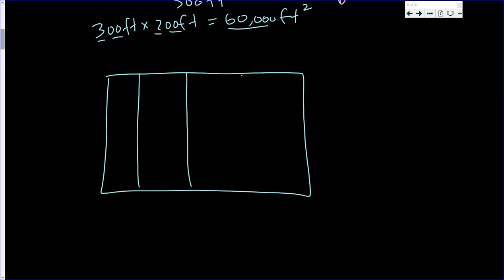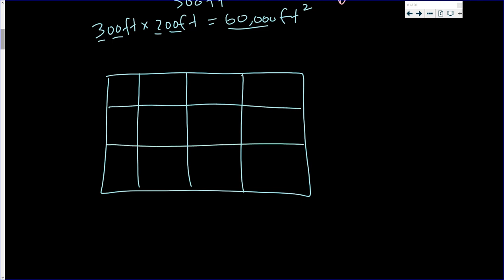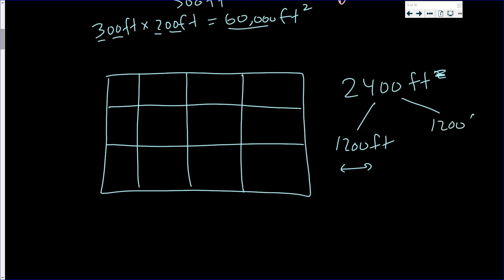You need to partition that 4 and 3. And suppose you have 2,400 feet of fencing. Well, 1,200 feet, that's going to be for horizontal, and the other 1,200 feet, that would be for vertical.